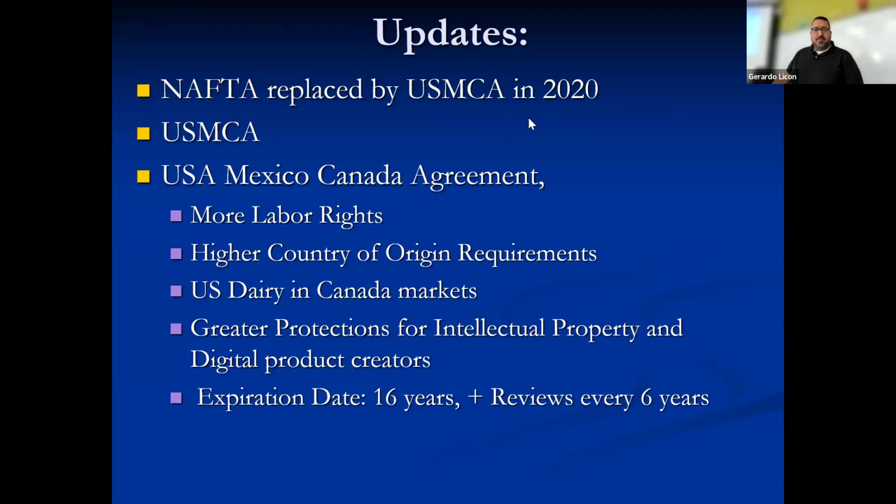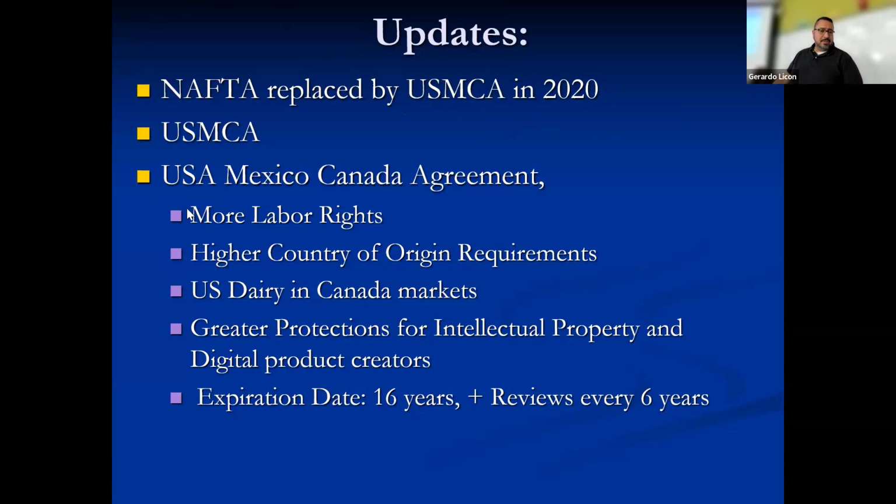And then NAFTA was updated in 2020. Since then, it became USMCA, for United States, Mexico, and Canada. It was an updating that was led by President Trump in his first administration.